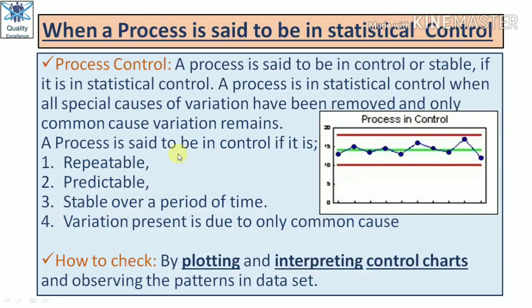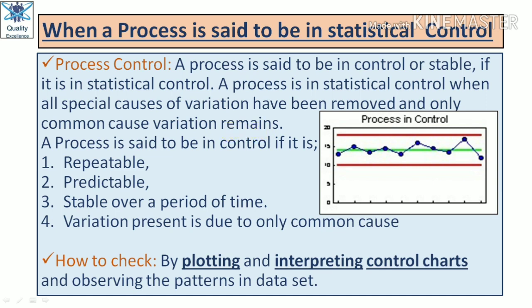Now let us know what is statistical control and when a process is said to be in statistical control. A process is said to be in control or stable if it is in statistical control, and a process is in statistical control when all special causes of variation have been removed and only common cause variation is present or remaining.